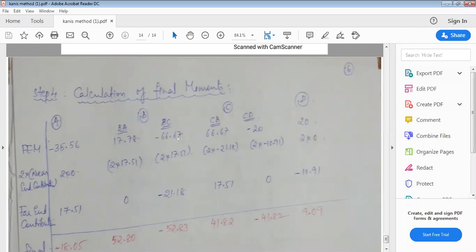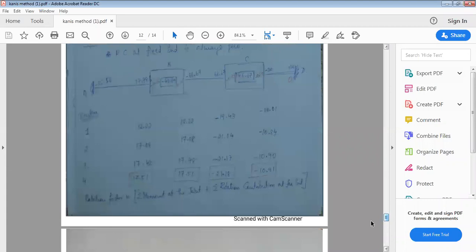Similarly for BC, this is the fixed end moment from step 1, minus 66.67. And twice of rotation contribution at near end, it is 17.51. For BC, the near end rotation contribution is 17.51, and the far end rotation contribution is minus 21.18.